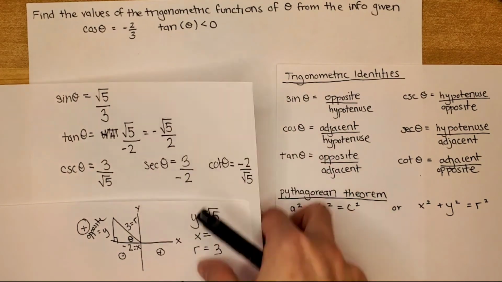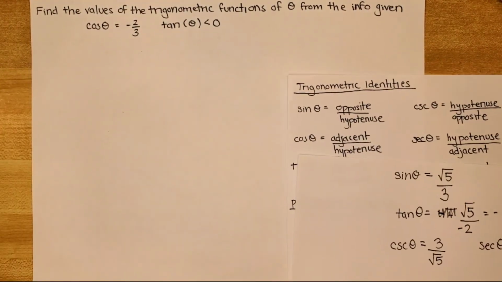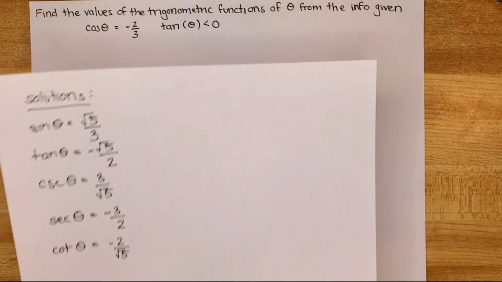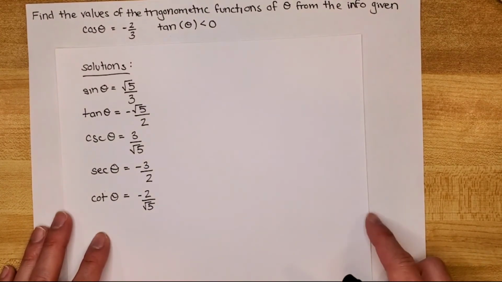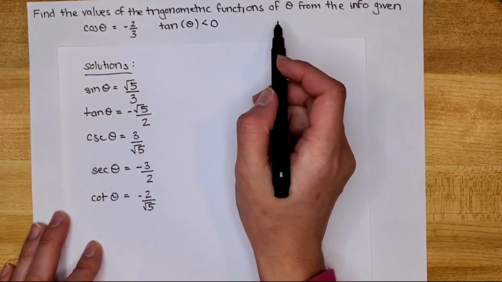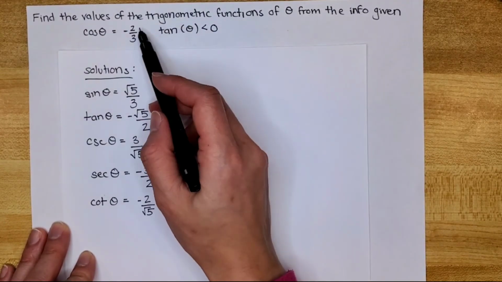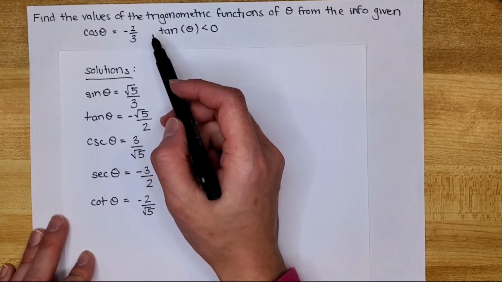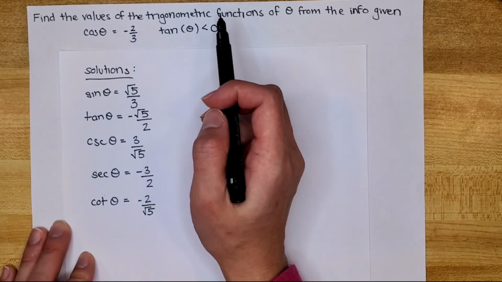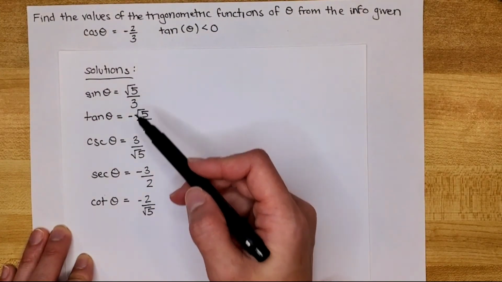And so we can see that all of our functions come together once we determine what position our theta is in, and we determine what values our opposite, adjacent, and hypotenuse are, as well as our trigonometric identities.